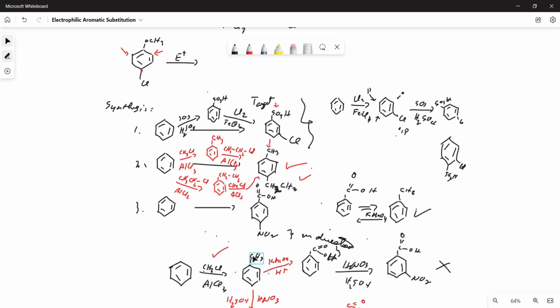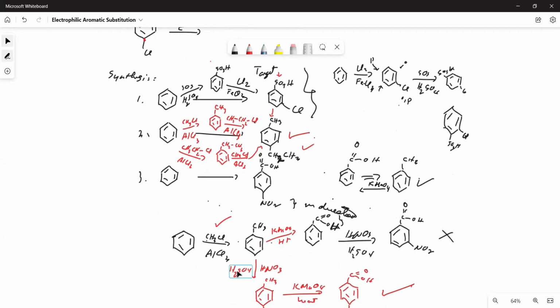Now, the second step is crucial because there are 2 possibilities for the attachment of the nitro. For the nitration, there are 2 pathways. Either you oxidize it first before you do the nitration, or you nitrate first before you oxidize.